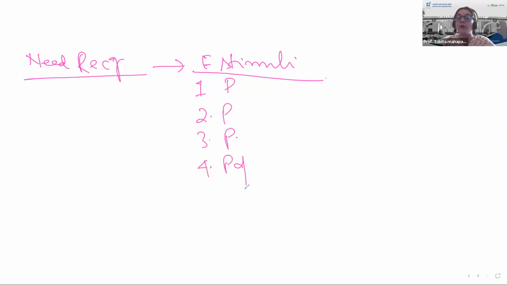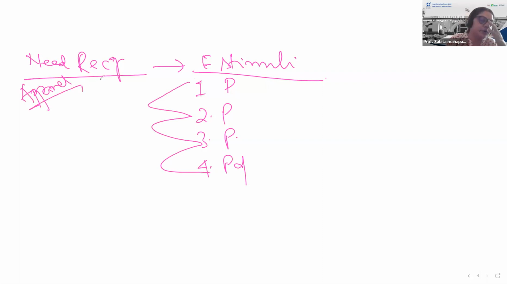Tell me, how can you trigger the need for a product? Let us say the product is an apparel, or a leather bag, or any product. How can you use product, price, promotion, physical distribution to trigger the need?